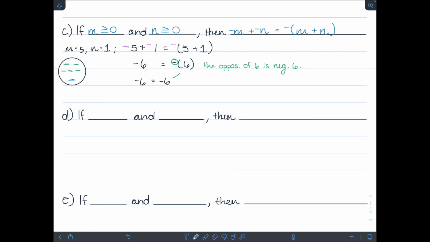D. If n is greater than 0 and m is greater than or equal to n, then m plus -n is equal to -n plus m, which is equal to m minus n.